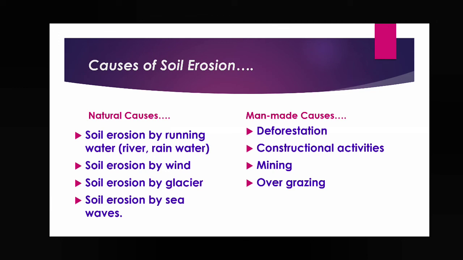And overgrazing means when the animals, mainly like cow, buffalo, move on the soil layer, due to the footsteps the top layer of the soil becomes loose. When the animals are walking on the land, the top layer of the soil becomes loose, and when it becomes loose, it can easily be washed away, it can easily be carried from one place to another place.